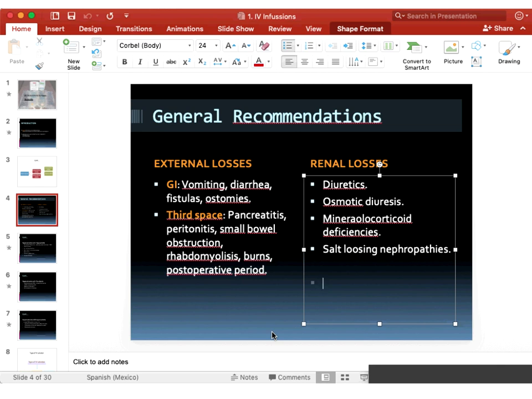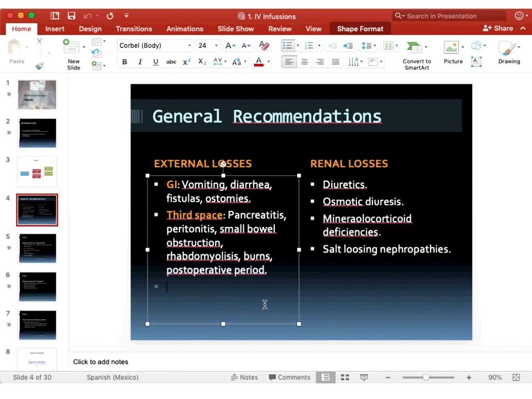Other conditions such as small bowel obstructions or burns can lose a tremendous amount of volume externally. Now the renal losses, these are exclusively talking about kidney disease or the use of diuretics.